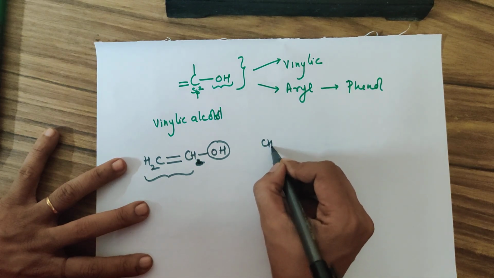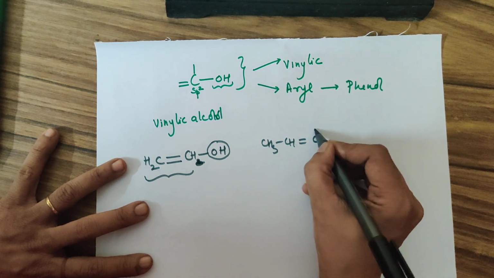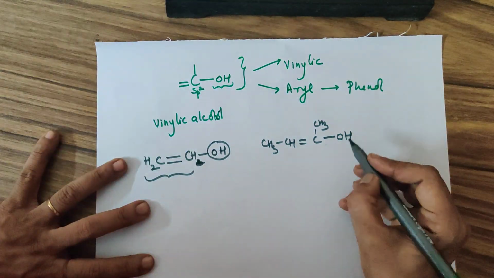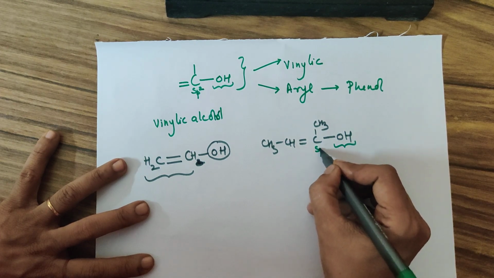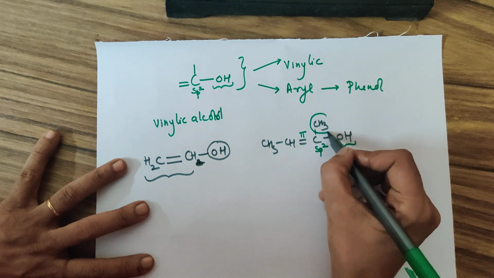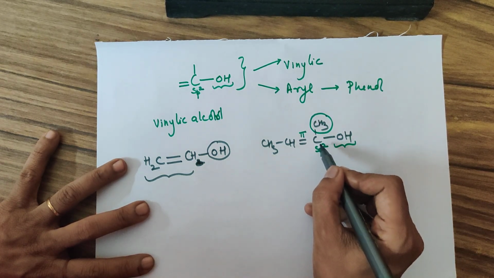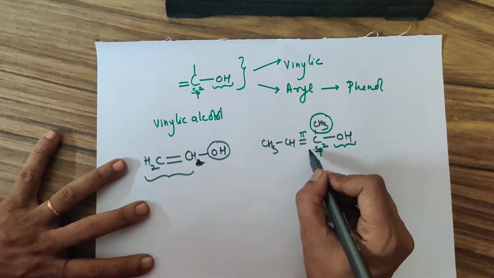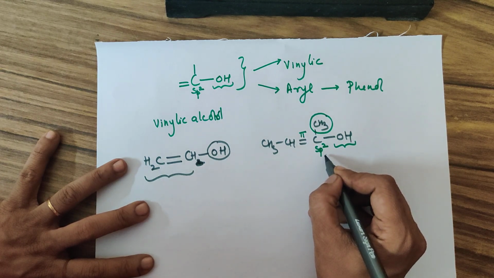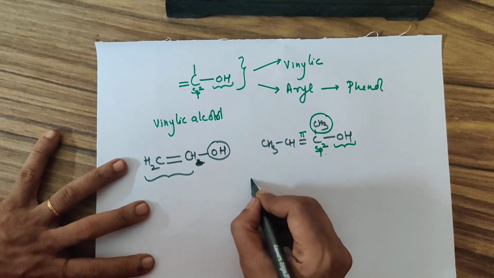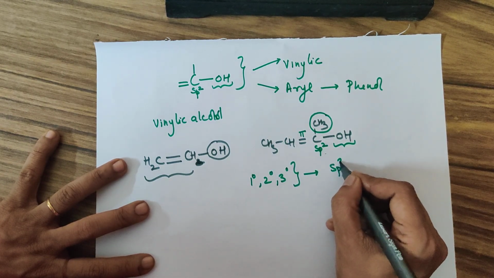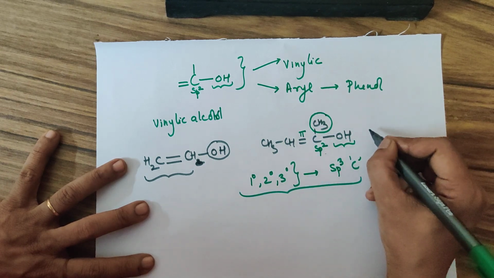So if you have a compound like this, this would again be vinylic because OH is attached to a carbon which is sp2, because it has a pi bond here and it has an R group. That is not important. Since the OH is attached to a carbon which is sp2, this would be vinylic. Please do not call it secondary. The reason is sp2 carbons are never classified as primary, secondary and tertiary. Primary, secondary and tertiary are applicable only to an sp3 hybridized carbon. So this is merely vinylic.